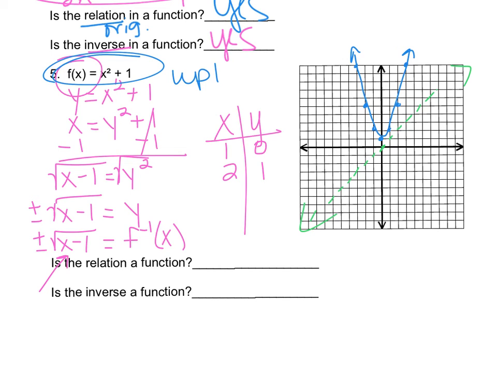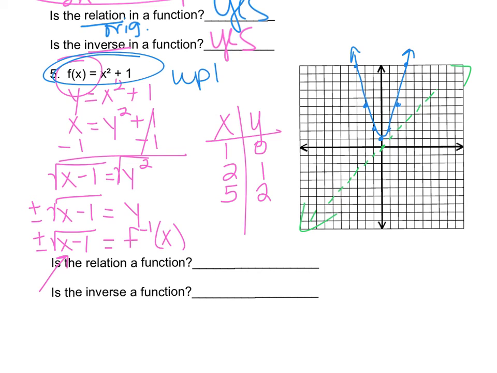Plug in a 3, you get 3 minus 1, which is 2, but the square root of 2 is a decimal. I don't want to deal with that. So the next perfect square would have to be a 4. So I would need the x to be a 5. 5 minus 1 is 4. The square root of 4 is 2. So you might have to think a little bit on what values we can plug in and not get a decimal. So I'm going to go ahead and graph those points, and then we'll talk about it.